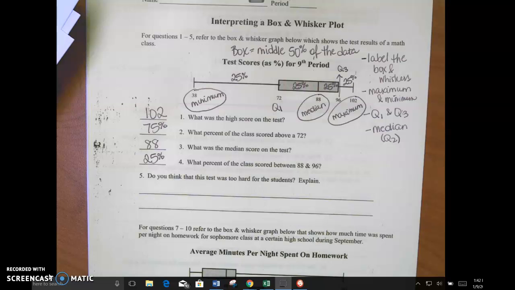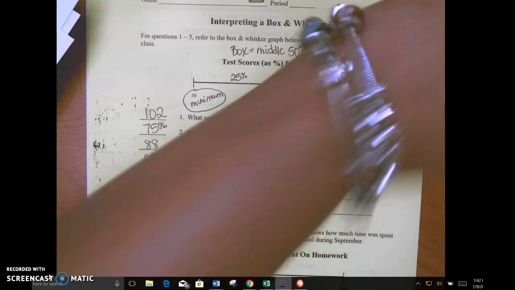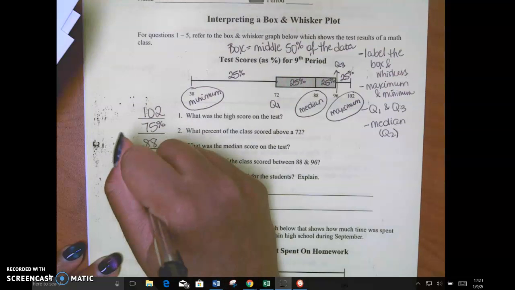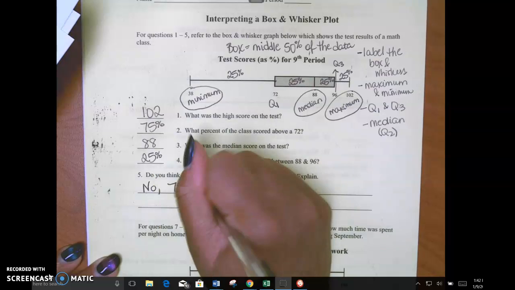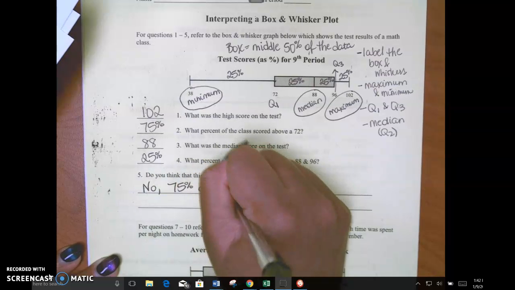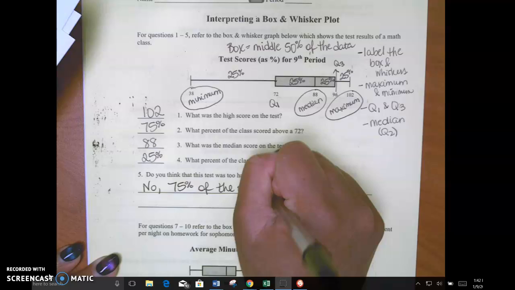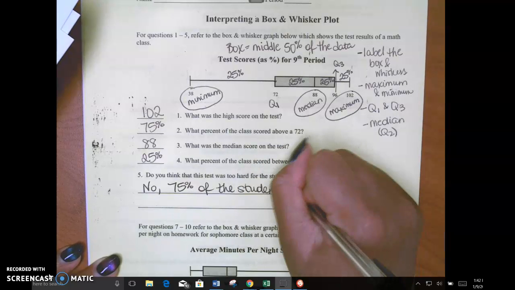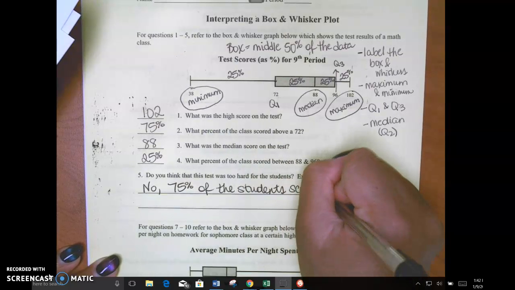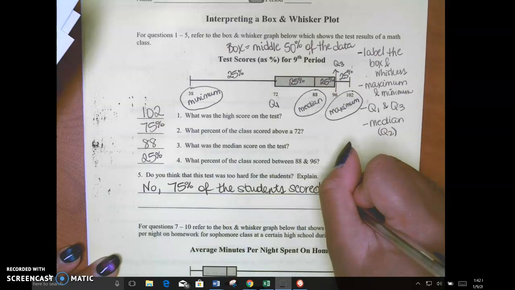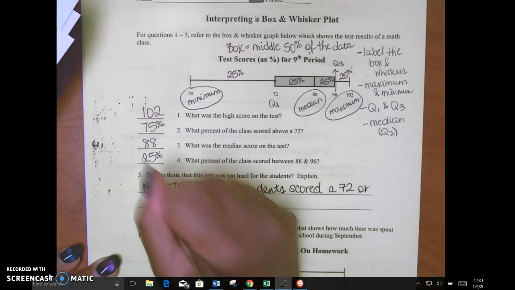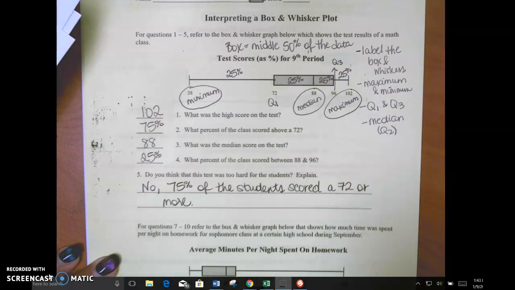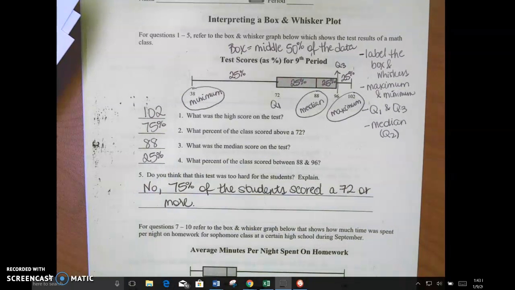No. Not too hard because most of them got a pretty good score. 75% of the students scored what? Scored a 72 or more. Gotta include that 72. Okay.